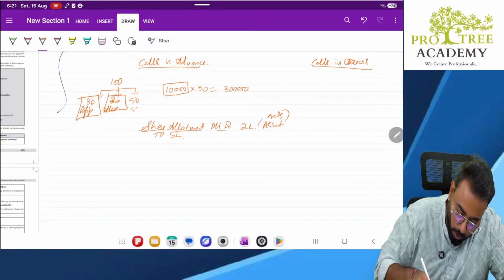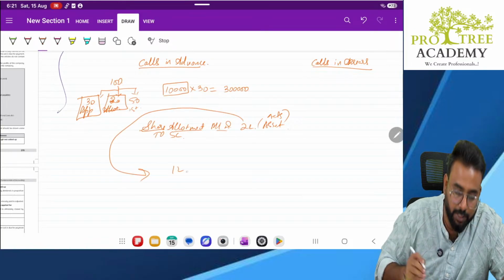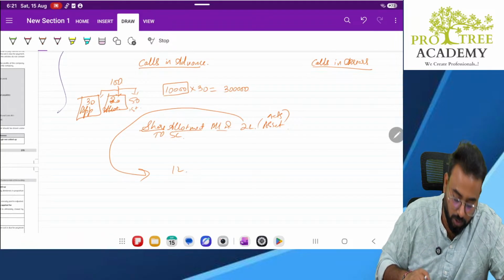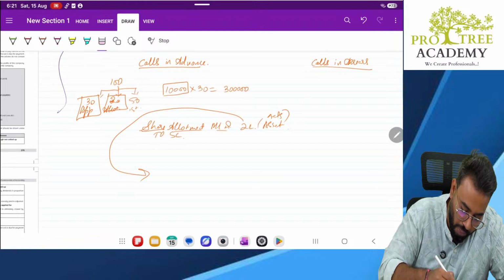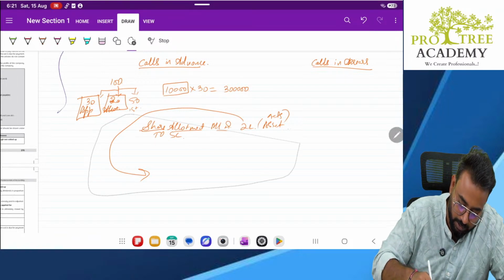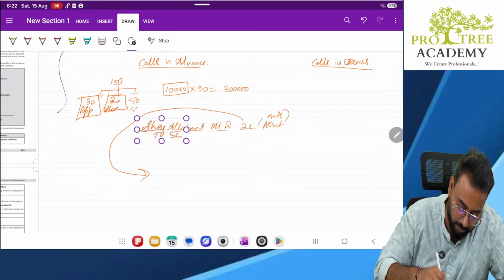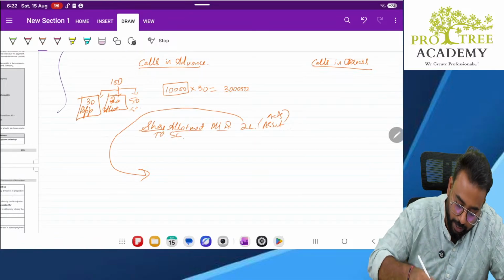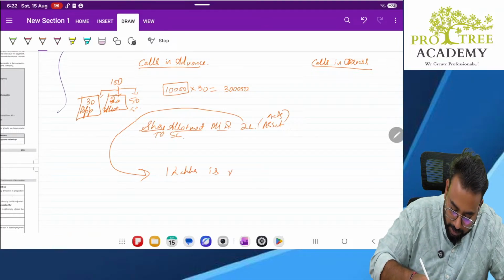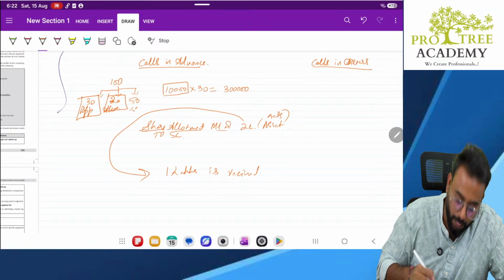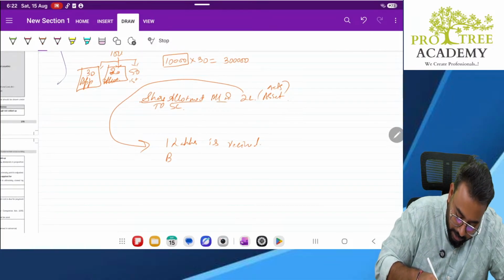Now what happens? Out of this 2 lakhs, 1 lakh is received. So when I receive 1 lakh, what entry will I pass?